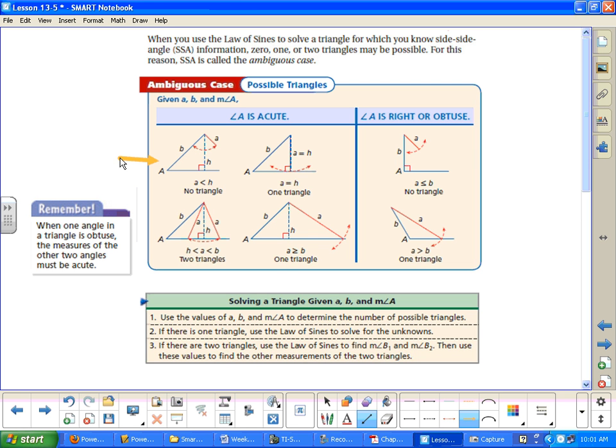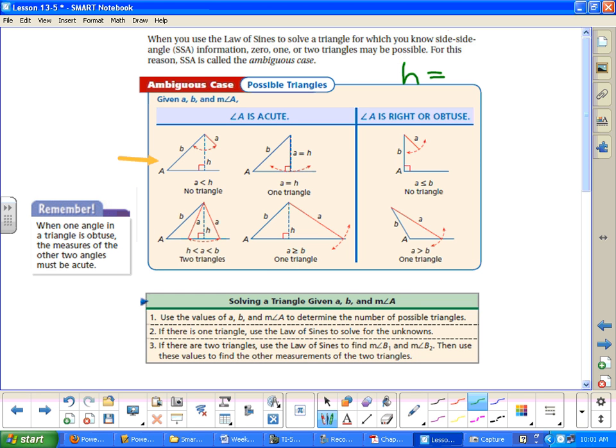Well, how do I find H? They got H up here, but they don't tell us how to find H. Anybody know how to find H? What does H equal? H is the height.